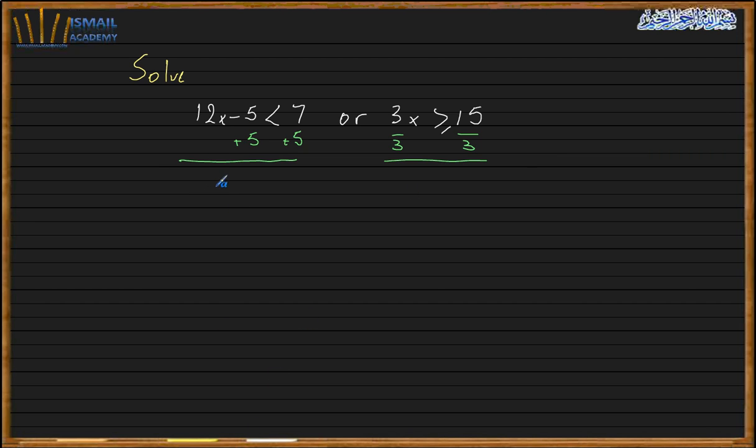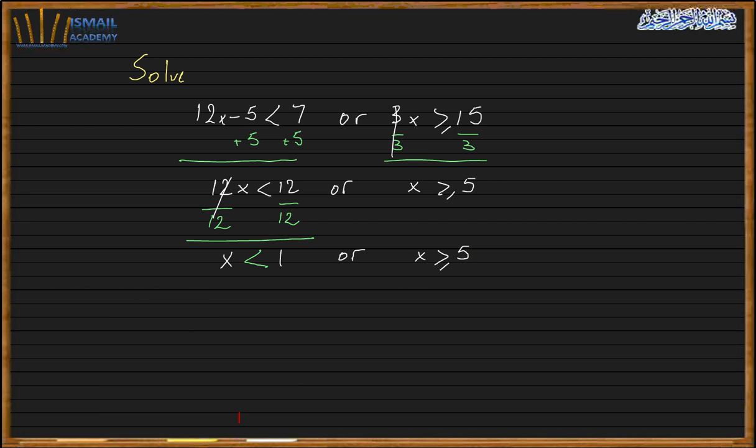So here we end up having 12x is less than 12, or x is greater than 5. Now we divide both sides here by 12. The signs stay in the same direction. So x is less than 1, or x is greater than or equal to 5.